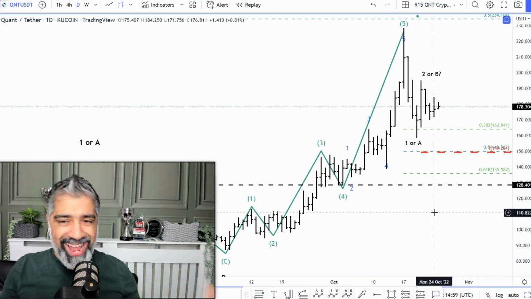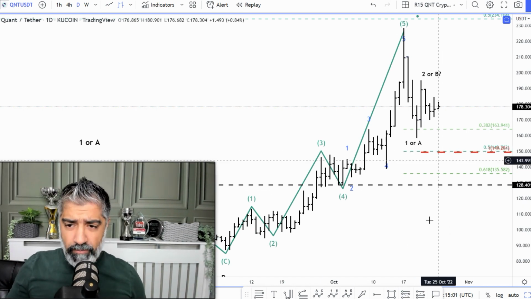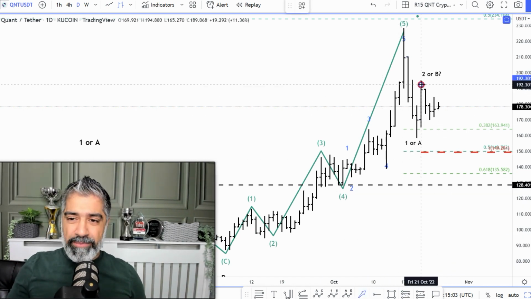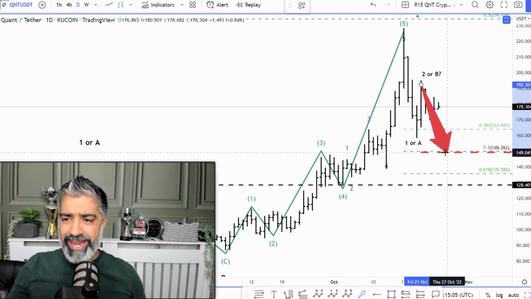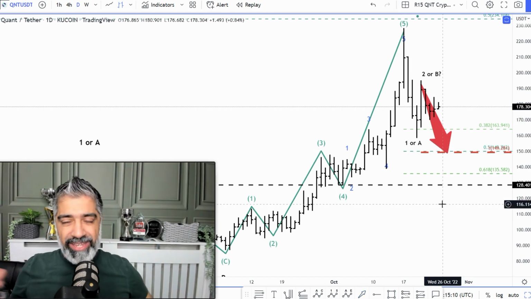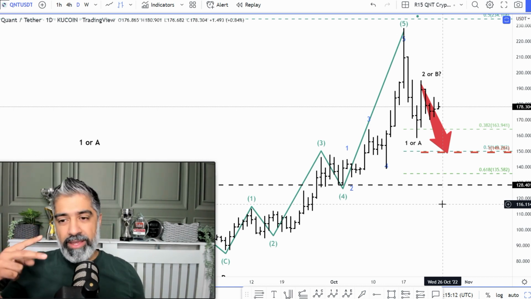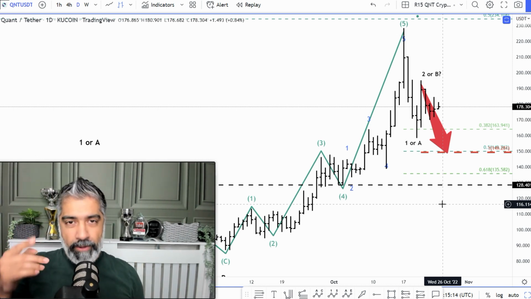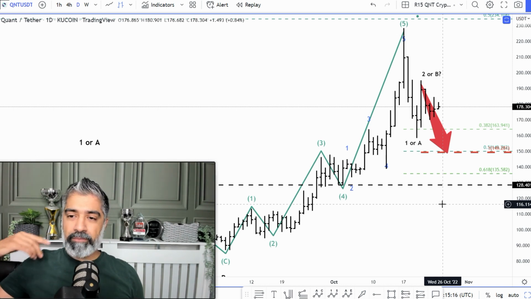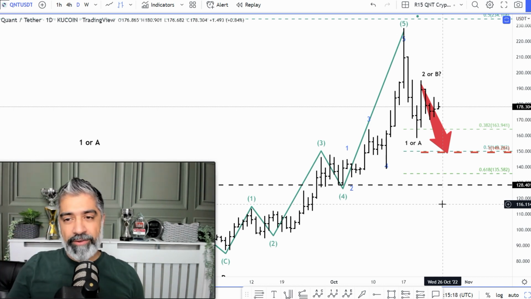All right, so more than likely, what we're going to see is at least another move to the downside, hitting the $150 level, right? And this is either going to be one of two things. It's either going to end up being a wave four and then a reversal, and we'll look at that more closely nearer the time.